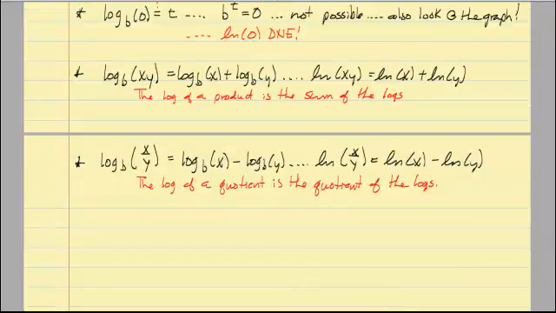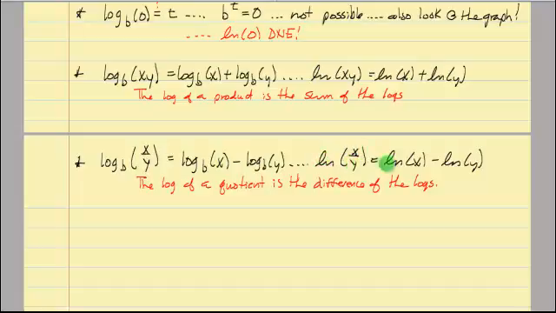Okay, our next one involves quotients. The log base b of a quotient, x divided by y, is equal to the difference of the logs. So the log of a quotient is not the quotient, it should be the difference of the logs. So again, this works with ln as well.